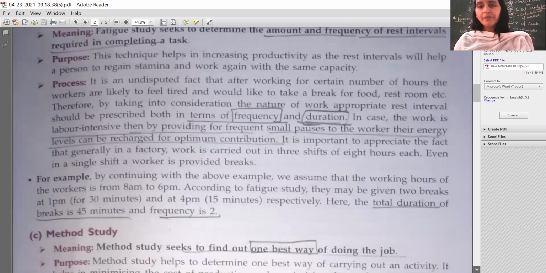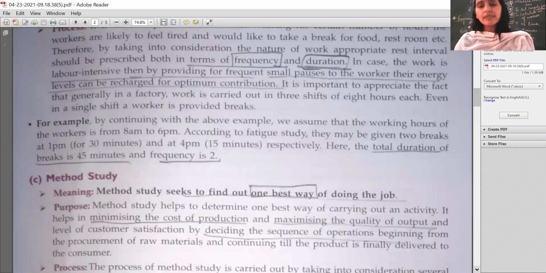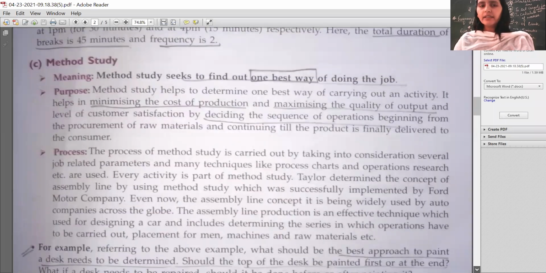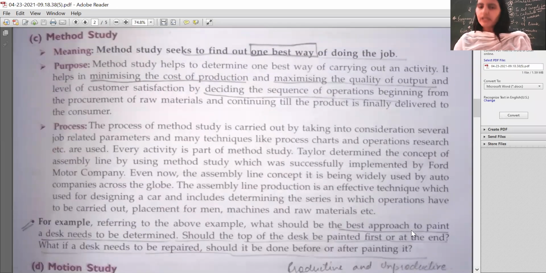Is it clear? Have you written those 2 words which I have told you to write related to fatigue study? This is frequency of rest interval. I have written here frequency or number of rest interval and duration of rest interval. Clear? Next is method study.